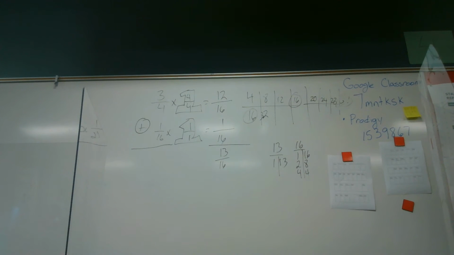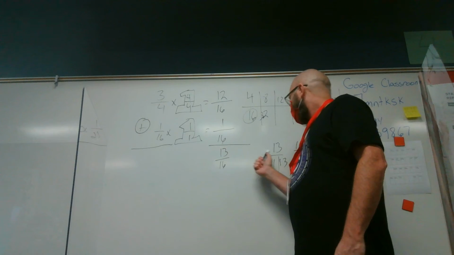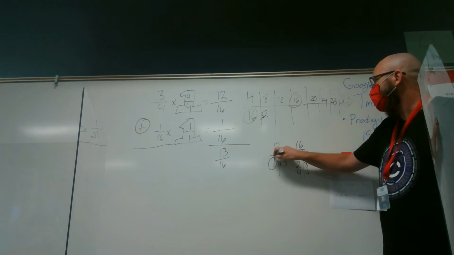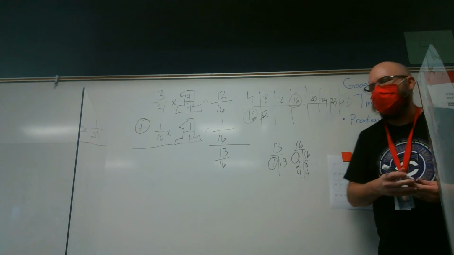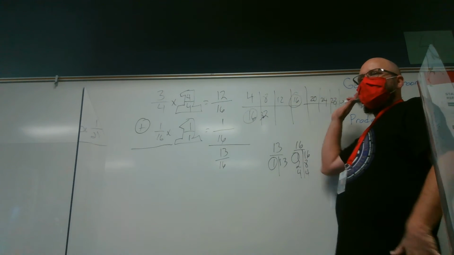If the greatest common factor, the biggest one they have in common, is 1, then my fraction's already in simplified form. The only one they have in common is 1, so this is already in simplest form.